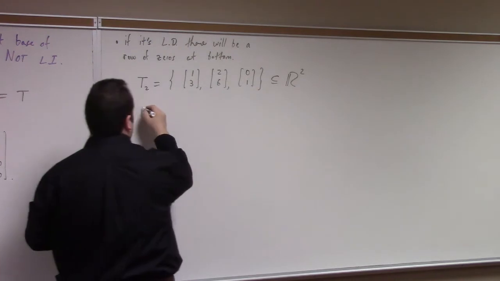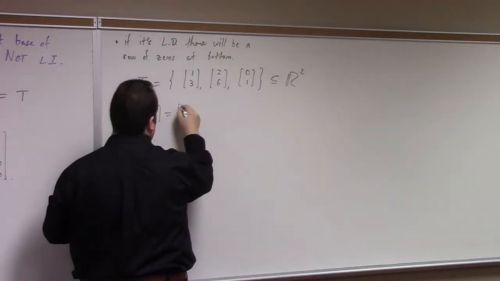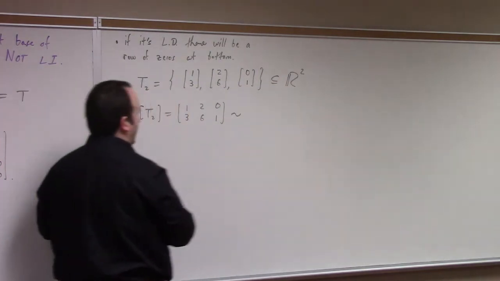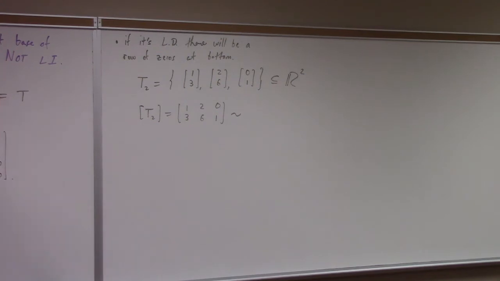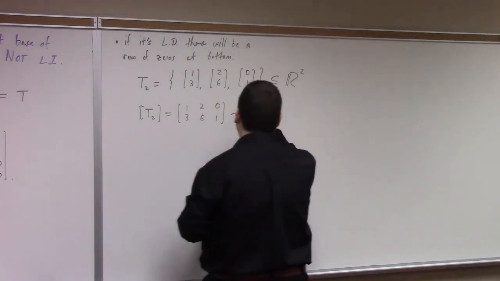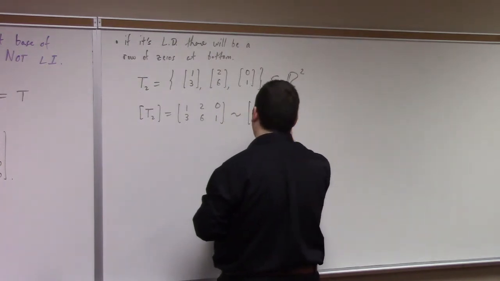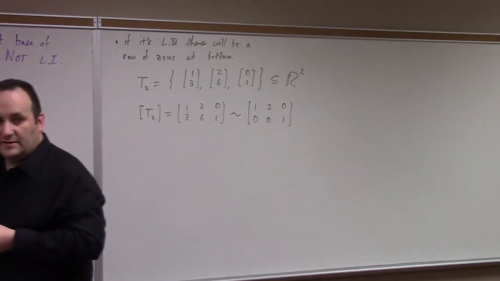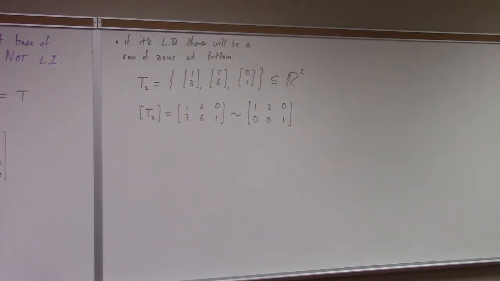If you do the row reduction on this, I can tell you by the column correspondence property that it will have reduced row echelon form 1, 0, 2, 0, 0, 1. This is certainly a linearly dependent set, and yet it has no row of zeros on the bottom. So we can't tell anything directly from seeing a row of zeros on the bottom.